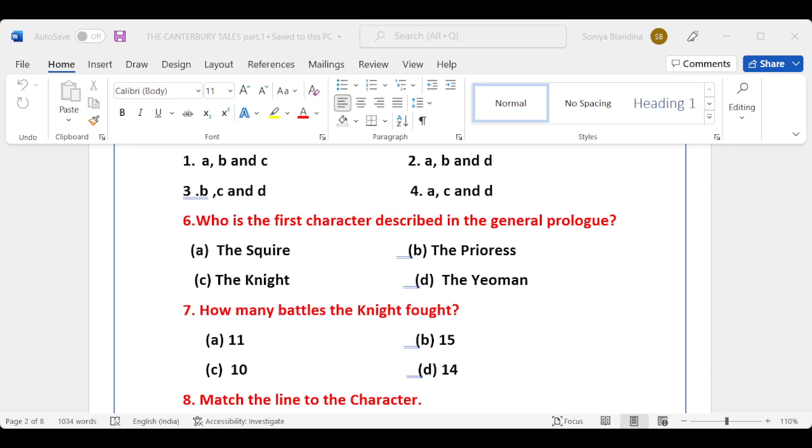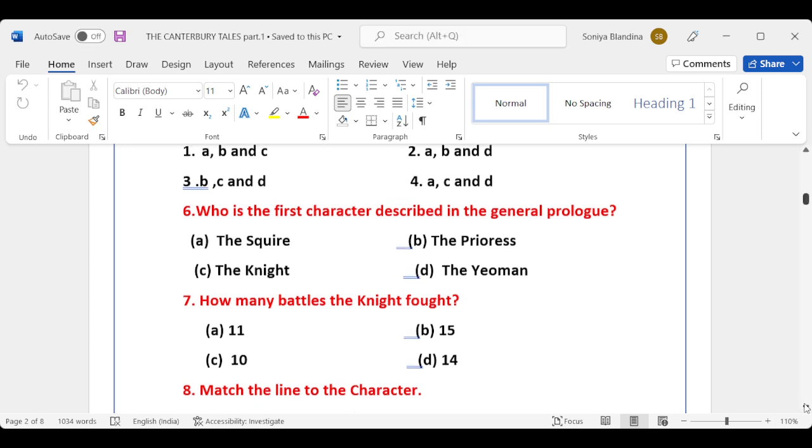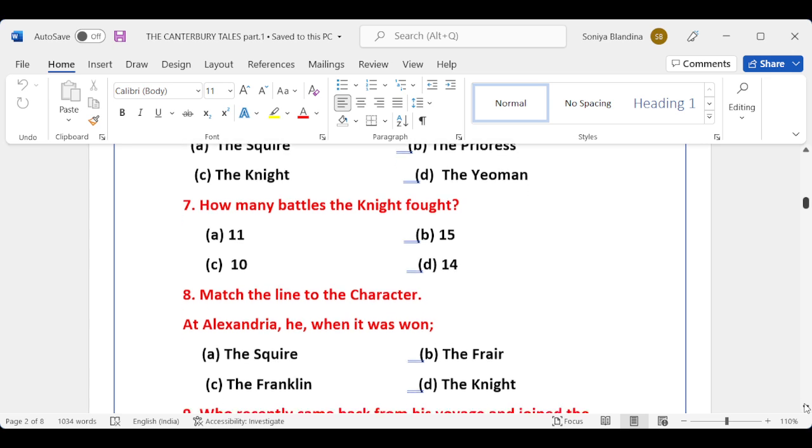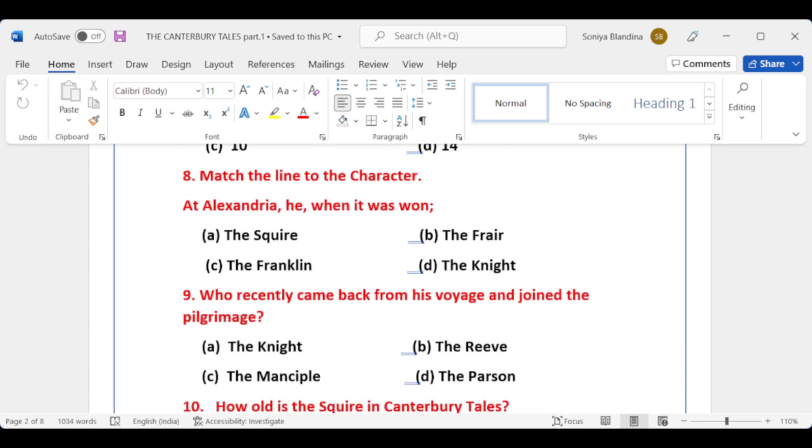How many battles the knight had fought? Is it 11 or 15, 10 or 14? So how many battles? Yes, it is option B, 15. So in the text it is described as the knight had fought 15 mortal battles.